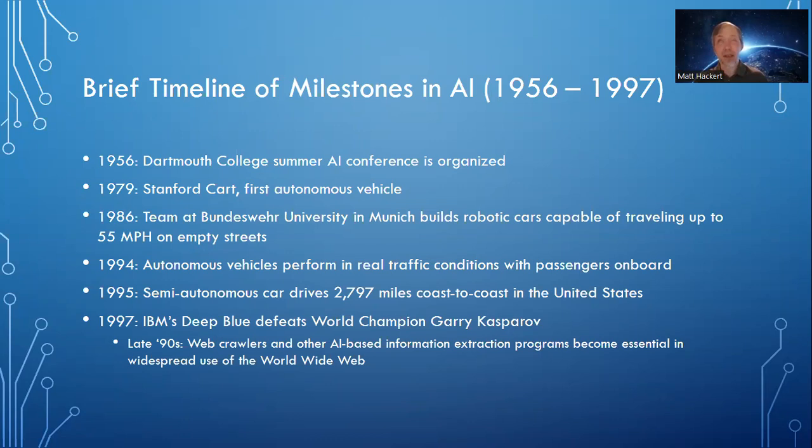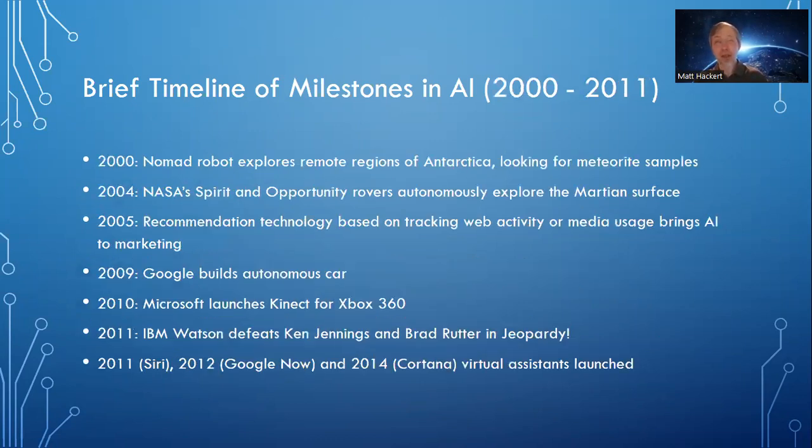In 1997, you may even remember this event, the IBM Deep Blue chess machine defeats the then world chess champion Garry Kasparov. By the late 1990s, web crawlers and other AI-based information extraction programs become essential in widespread use of the World Wide Web. In 2000, the Nomad robot explores remote regions of Antarctica, looking for meteorite samples.